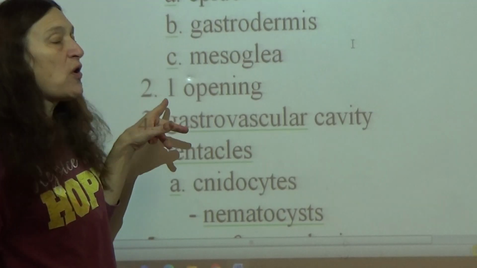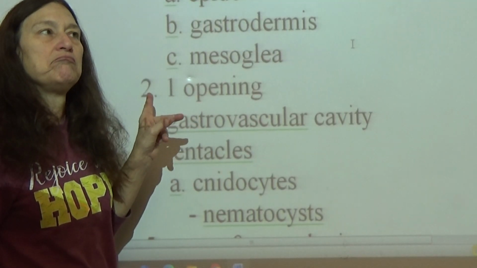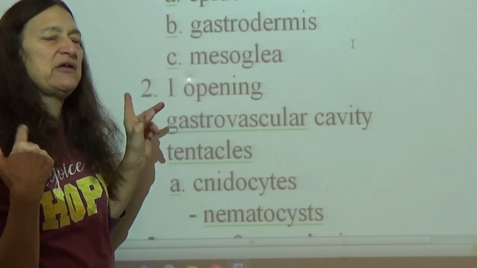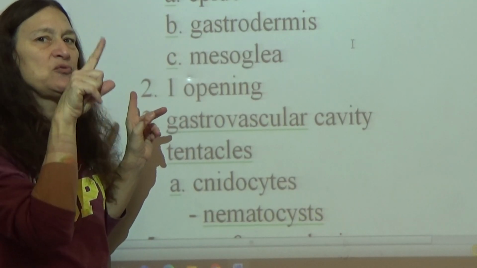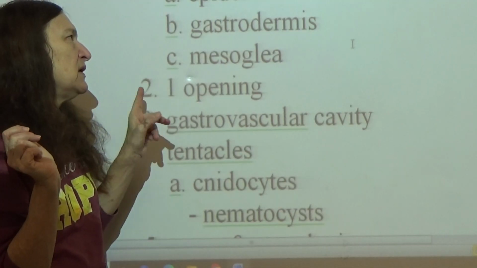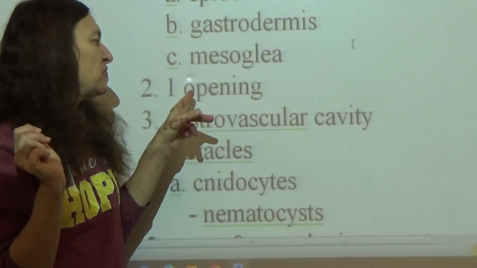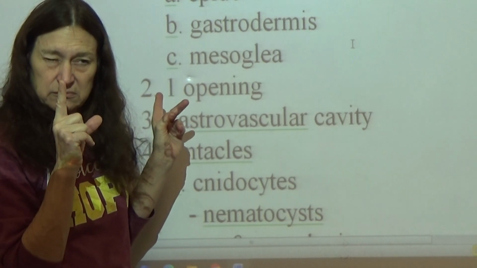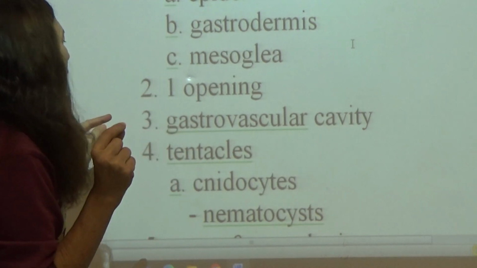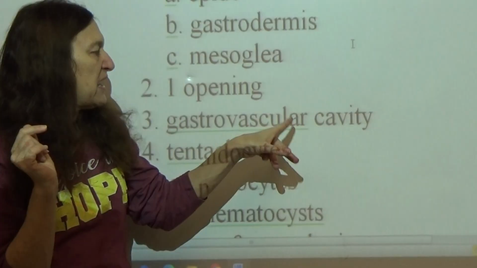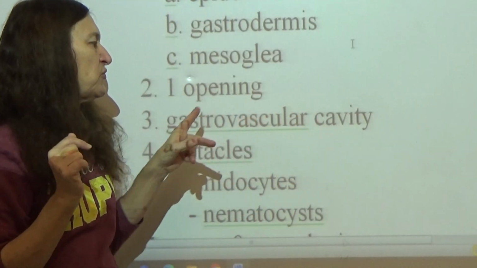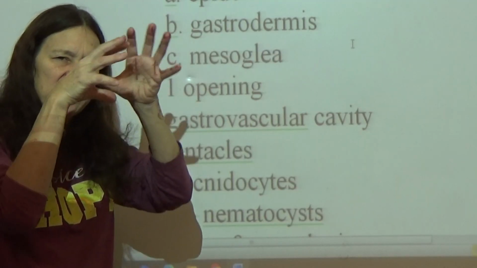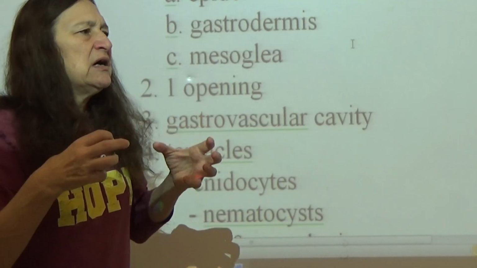They have only one opening, which seems like you're kind of going backwards because the Porifera had two. They had an in and an out, and the cnidarians only have one opening. It opens into the gastrovascular cavity, which you might think of as kind of like the sponge's spongocoel, that central cavity.